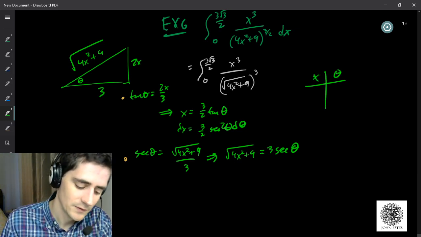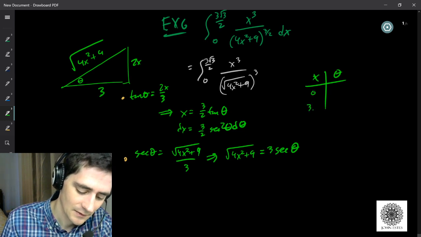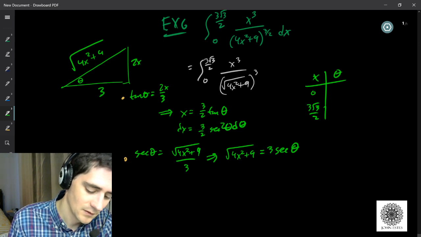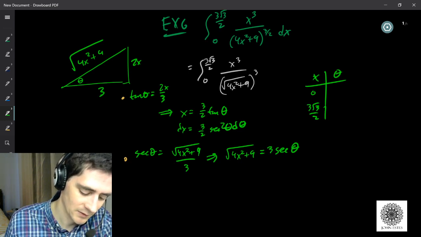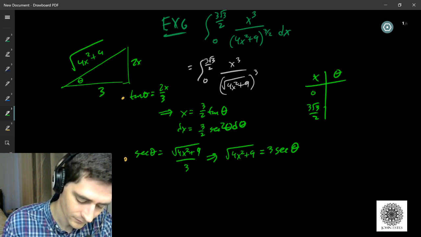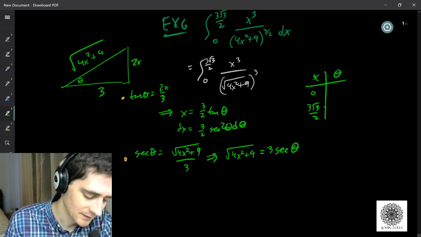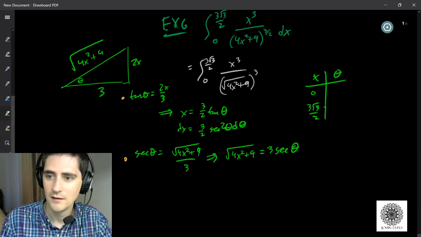why don't we just go ahead and convert the limits? So if I had 0 and 3 root 3 over 2, what happens when I plug those in for theta? So if I'm plugging in 0 for x, I get tangent theta equals 0.